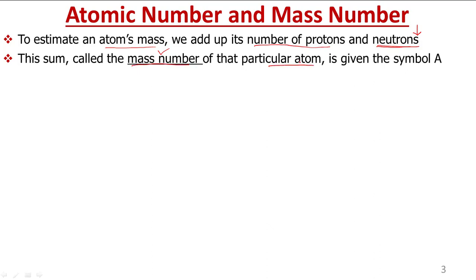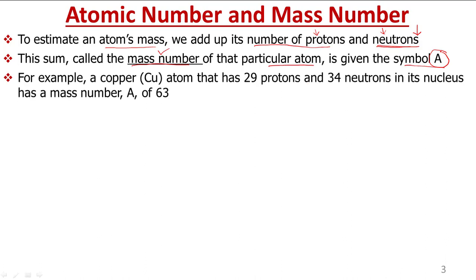That means, what is mass number? Mass number is the sum of the number of protons and number of neutrons contained in that atom, and it is denoted by symbol A.